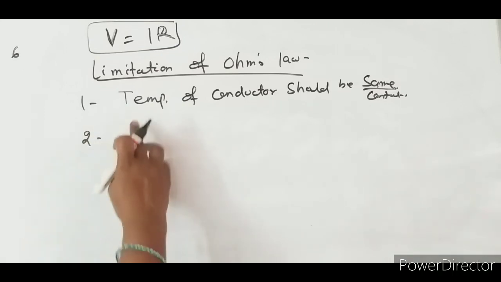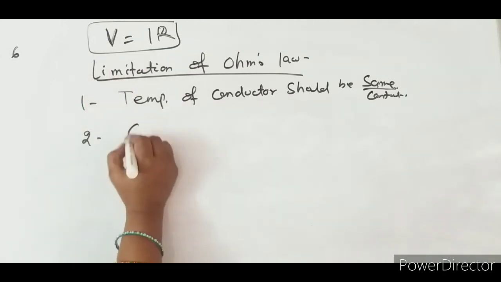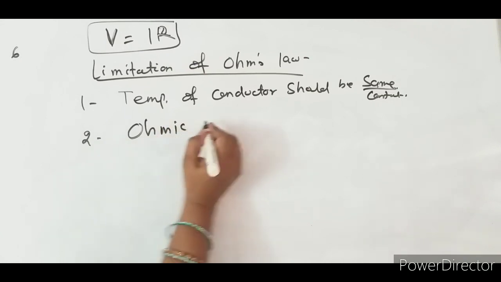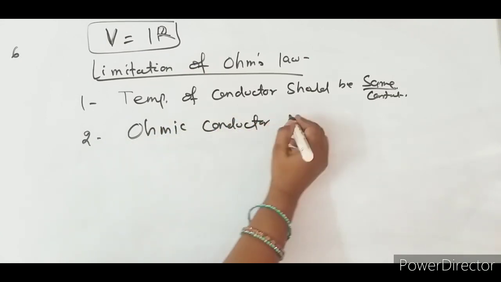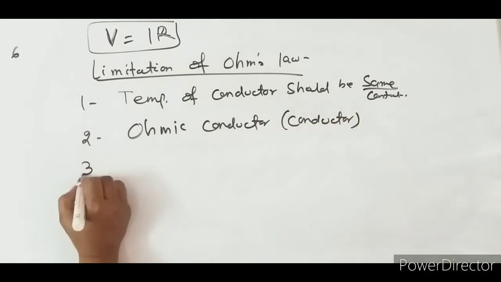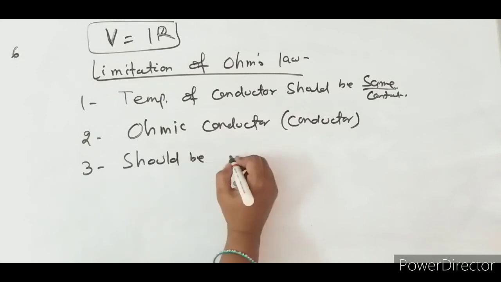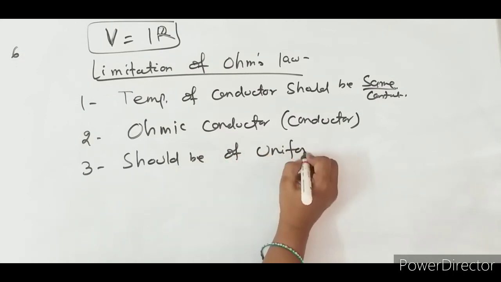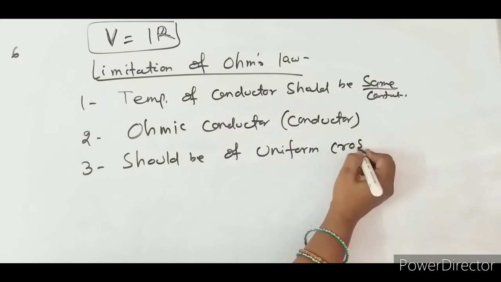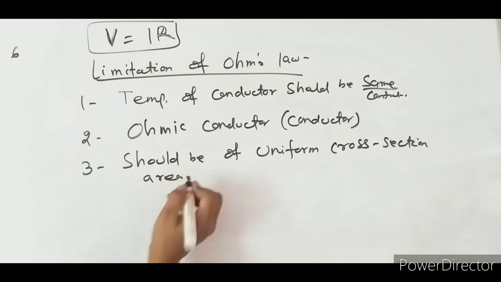Second, it should be a conductor, an ohmic conductor, or a metal we can say. Third, the conductor should be of uniform cross section area. These are the limitations of Ohm's law.